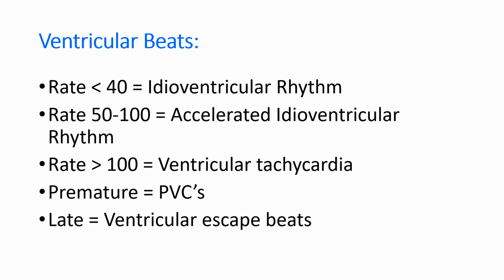If your rate is 50 to 100, you have an accelerated idioventricular rhythm. If your rate is greater than 100, probably between 140 and 250, that would be ventricular tachycardia. If it is a premature beat and it's wide, it's a PVC. If it's a late beat, then it's a ventricular escape beat.